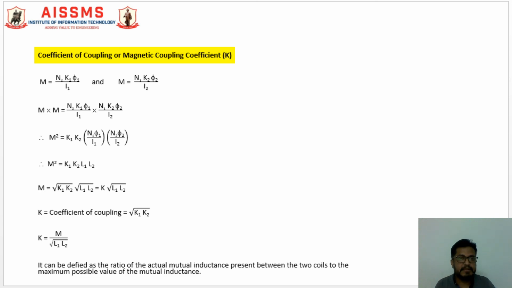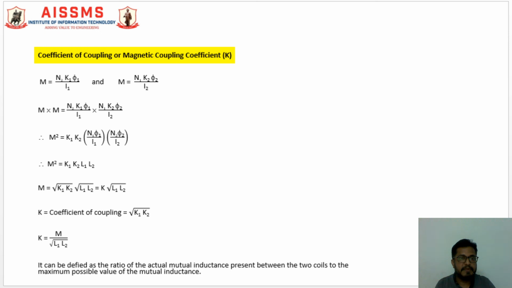Now let us see what is coefficient of coupling or magnetic coupling coefficient capital K. We know mutual inductance M equal to N2 K1 phi 1 divided by I1, and M equal to N1 K2 phi 2 divided by I2.